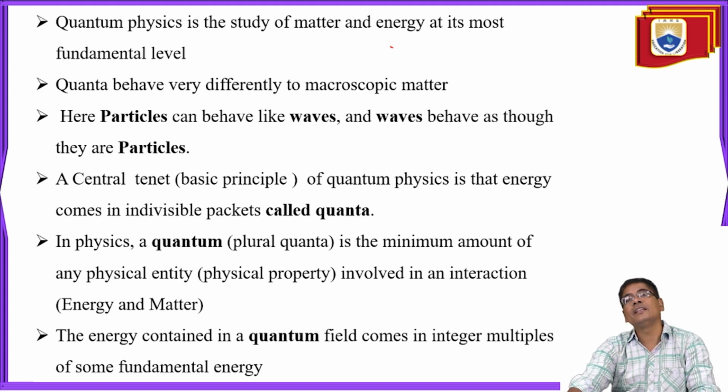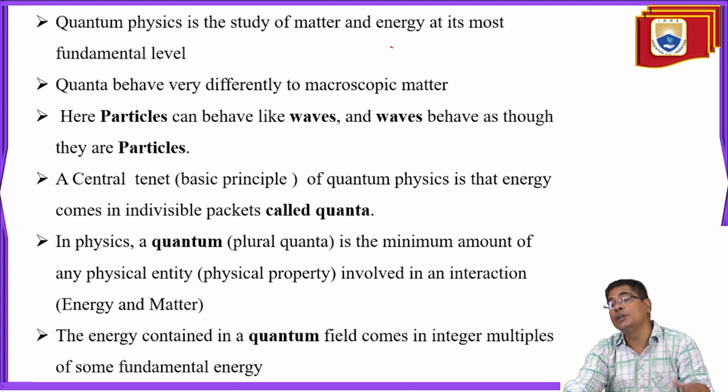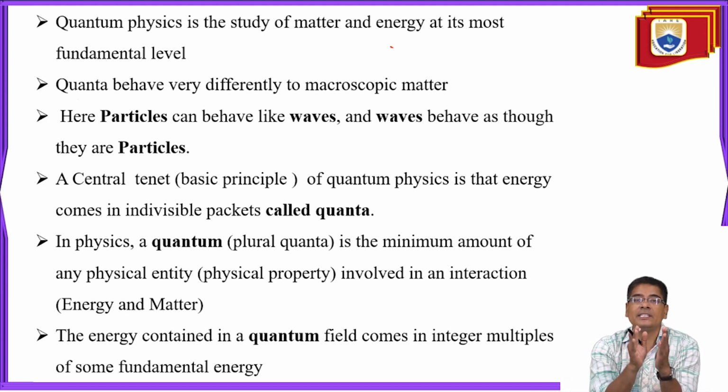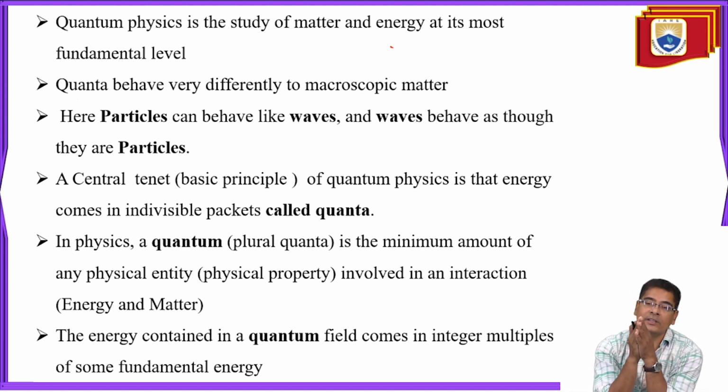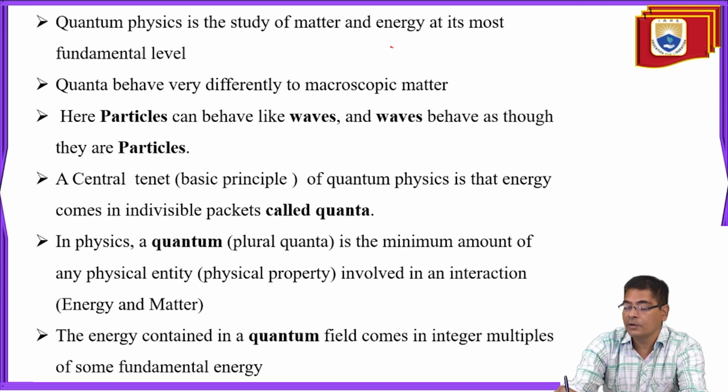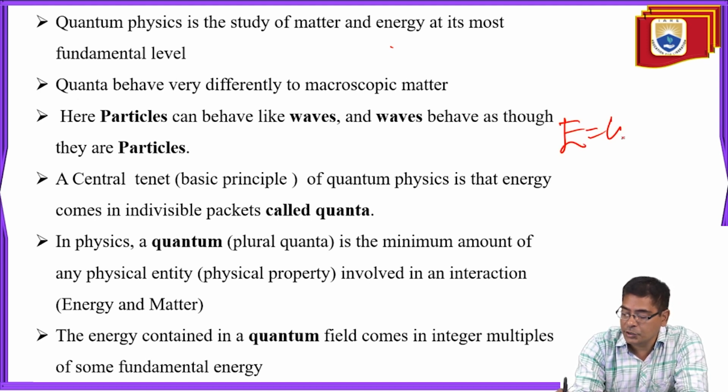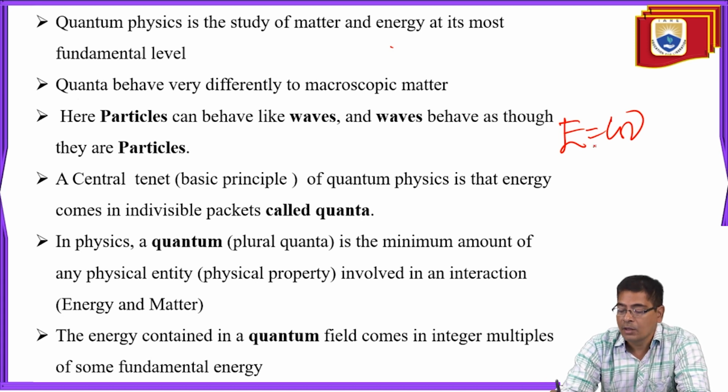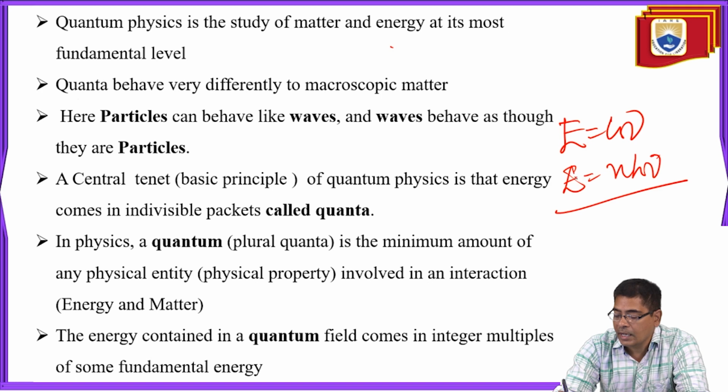That means the energy exists in the form of integral multiples. That is what we write: E equals h nu, or E equals n h nu. So energy is quantized here.